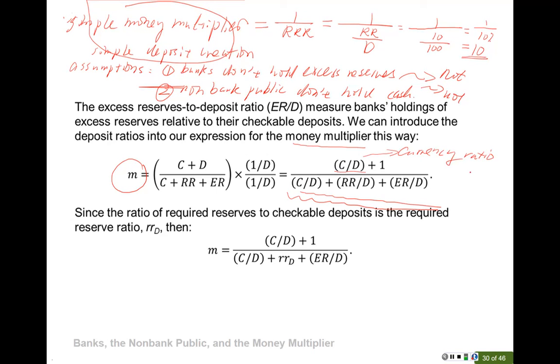So this ratio plus 1 is the numerator. For the denominator, the first part is the same as in the numerator: C over D, the currency ratio. And the second part is the required reserve amount over deposits. That's the required reserve ratio.